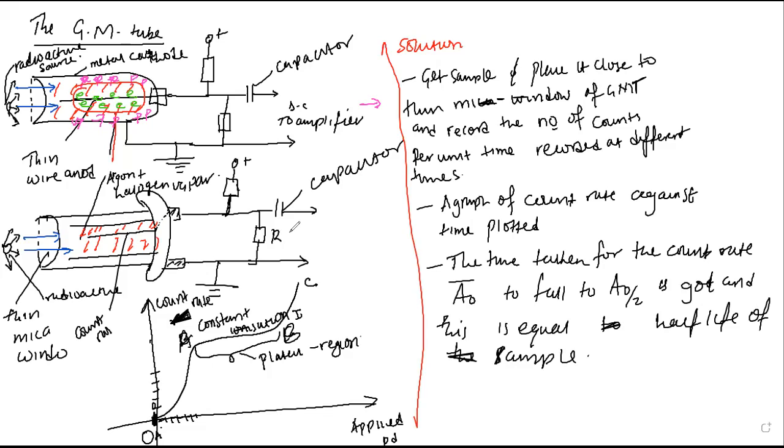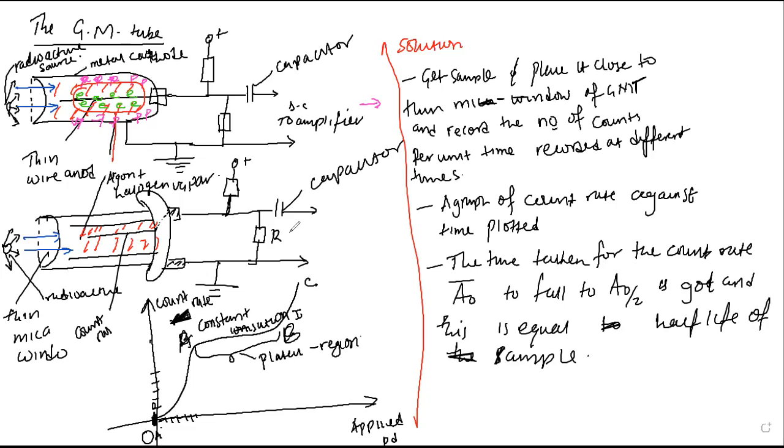Then the last part, which is BC. Along BC, the ionization current increases rapidly with a small increase in the PD, and the result of this is that after B, secondary ionization can take place.